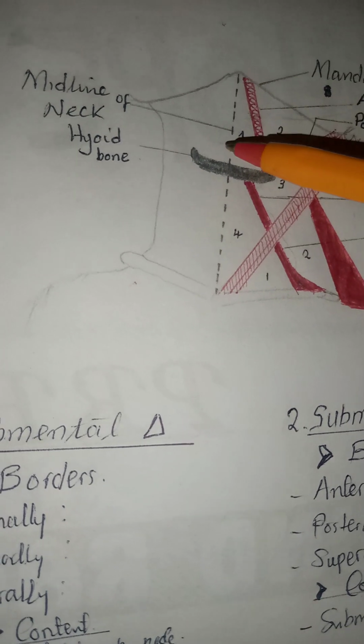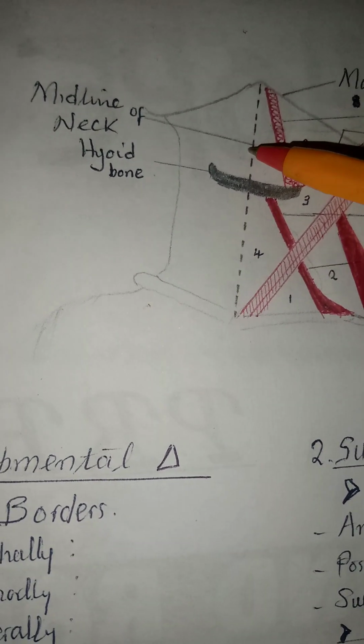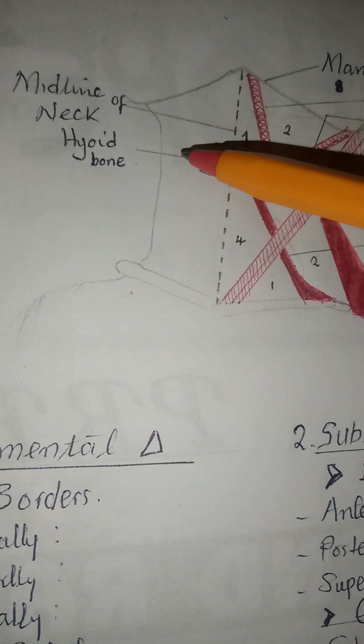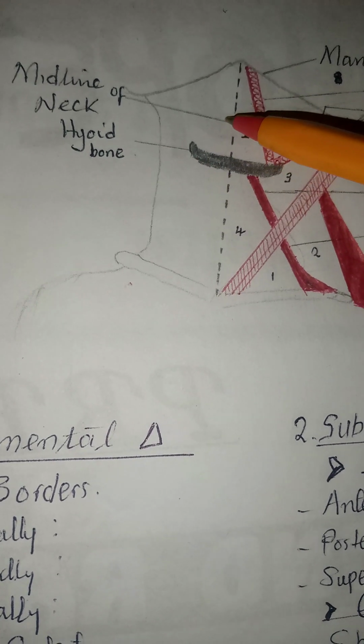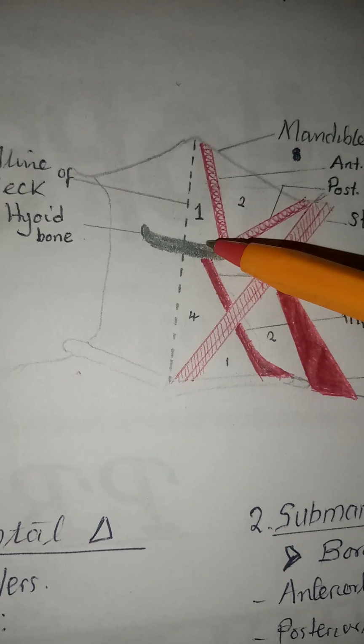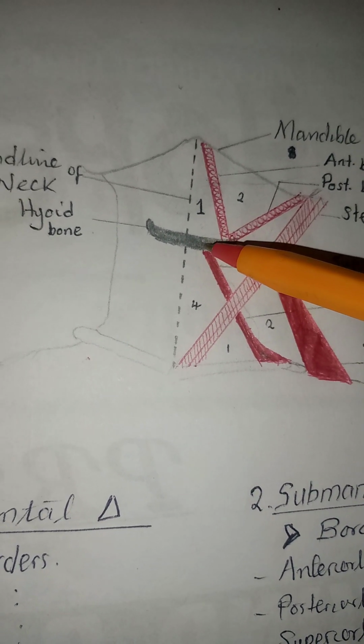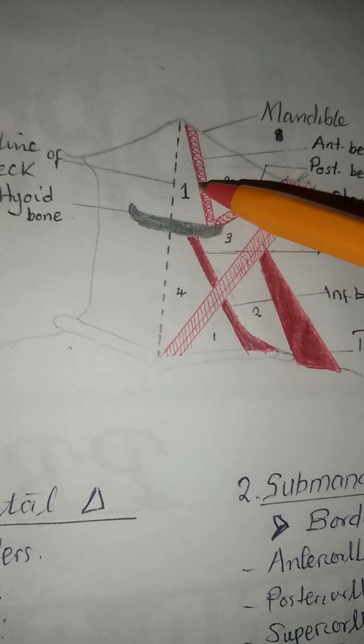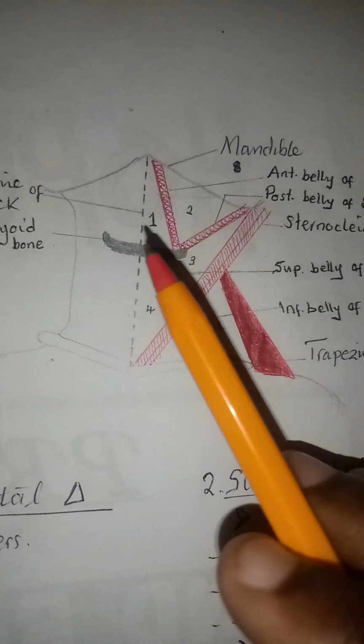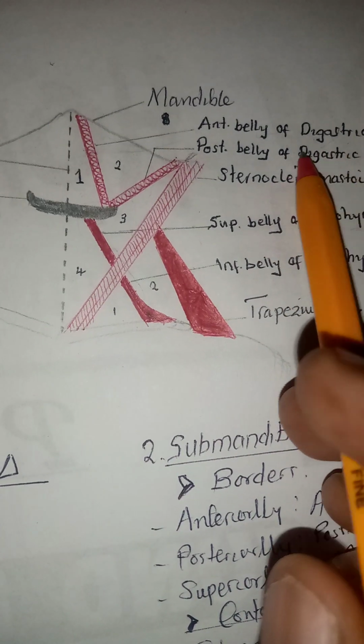On the medial aspect, we can appreciate the midline of the neck. On the inferior aspect you have the hyoid bone. On the lateral aspect, you have the anterior belly of digastric muscle.